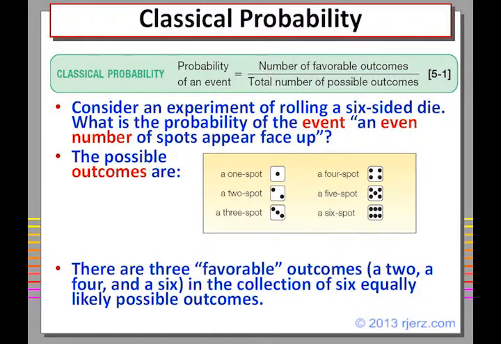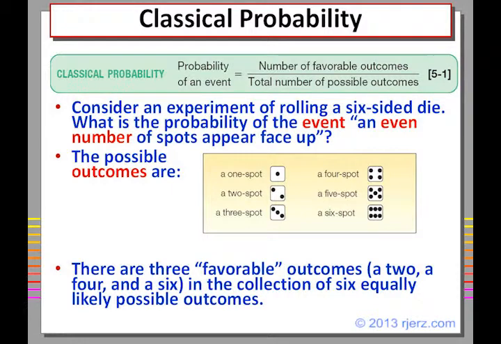If we were to approach this problem from an empirical probability perspective, we would throw this die, maybe 1,000 times, and then see what proportion of the time an even number occurs.